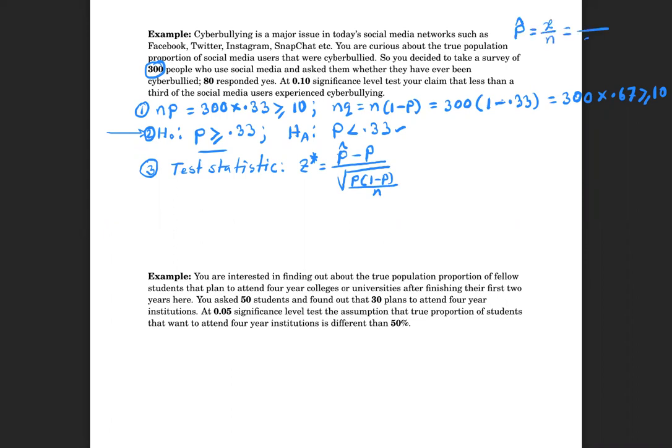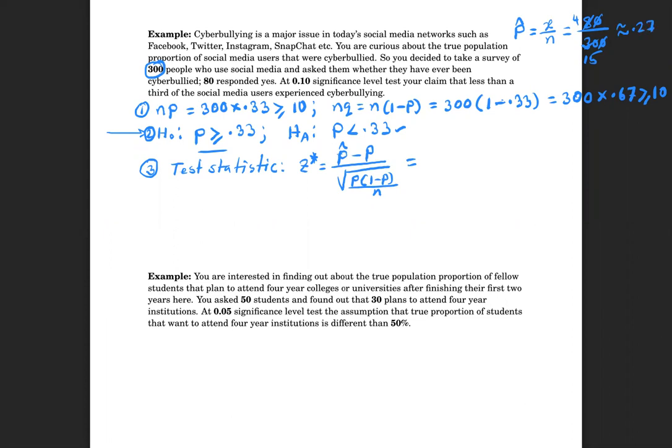You surveyed 300 people and 80 of them said yes. So the zeros cancel out, 2 goes into 4, 2 goes into 15. So your P hat is 4 over 15, which is 0.2666. I'm going to approximately say it's 0.27.